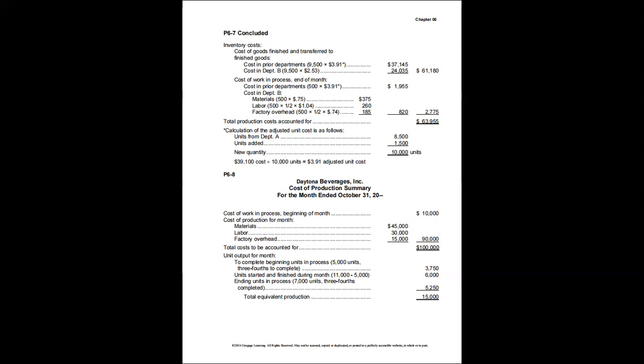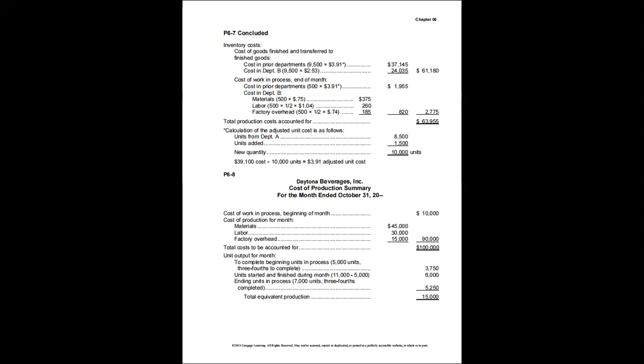So the adjusted unit cost is 3.91. That is the adjusted unit cost. Whereas the cost in Department B, we are adding the unit cost of 2.53. So we now have the cost for the work in process 500 times 3.91.